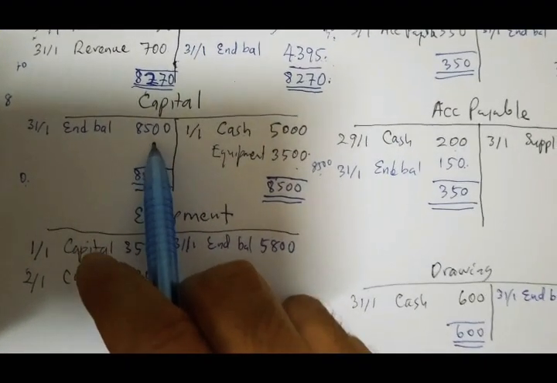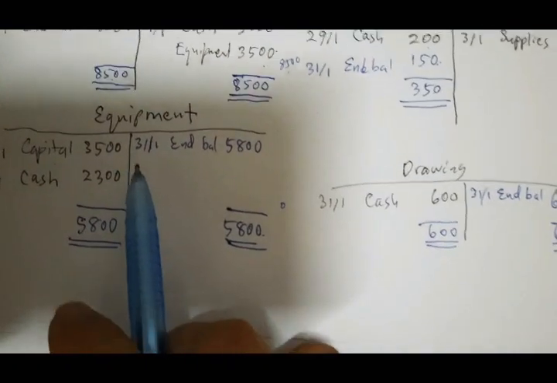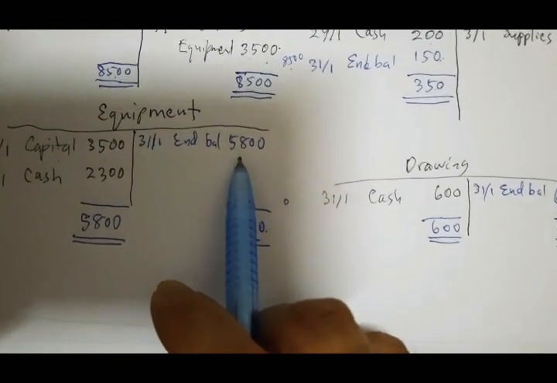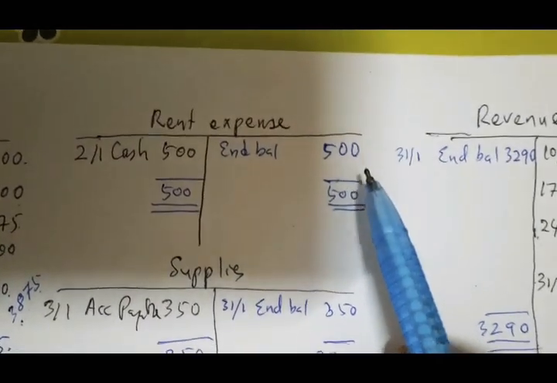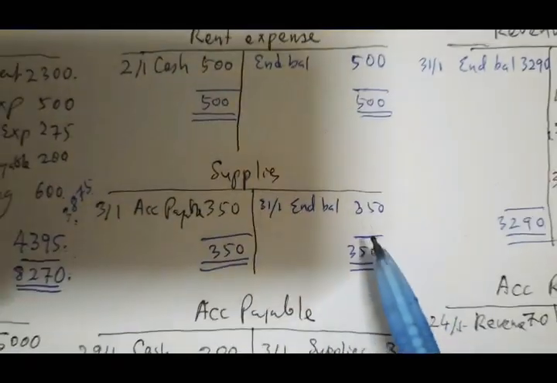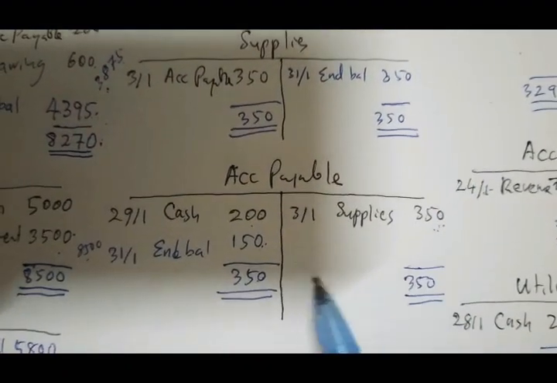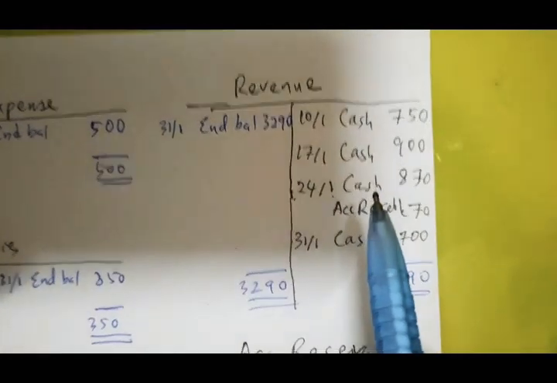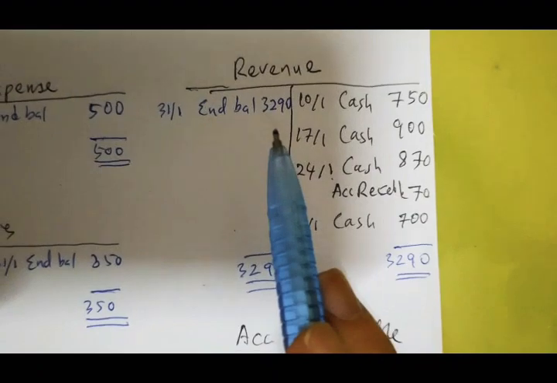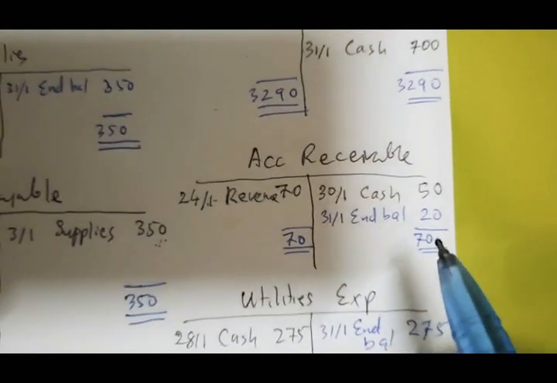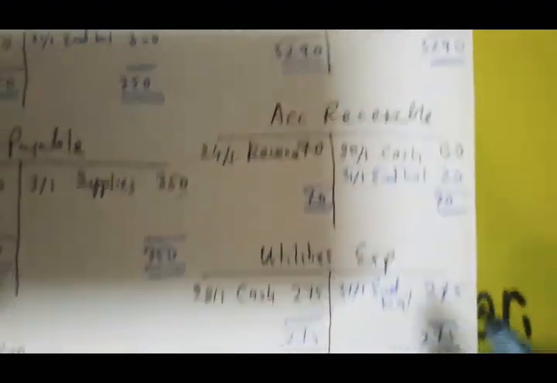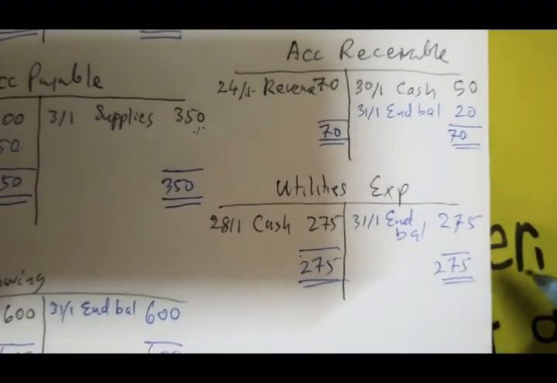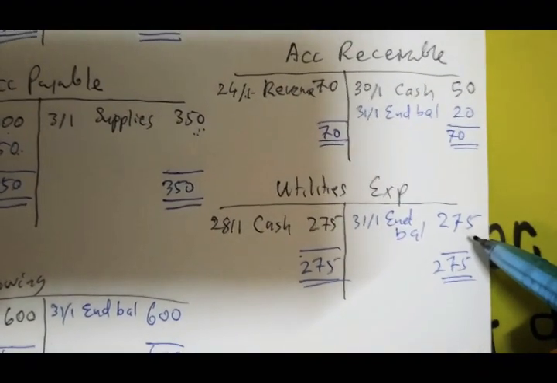Account equipment, the balance is 5,800. Account rent expense, the balance is 500. Supplies 350. Account payable 150. Drawing account 600. Revenue account, the balance is 3290. Account receivable has a balance of 20. Utilities account has a balance of 275.